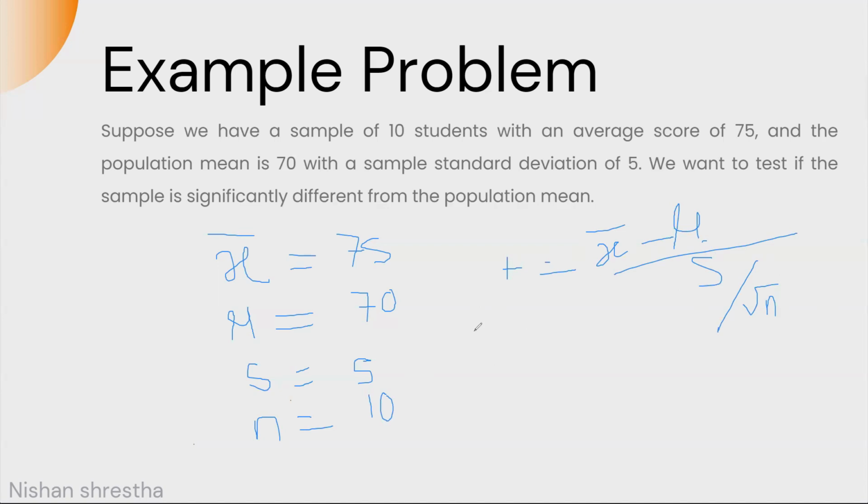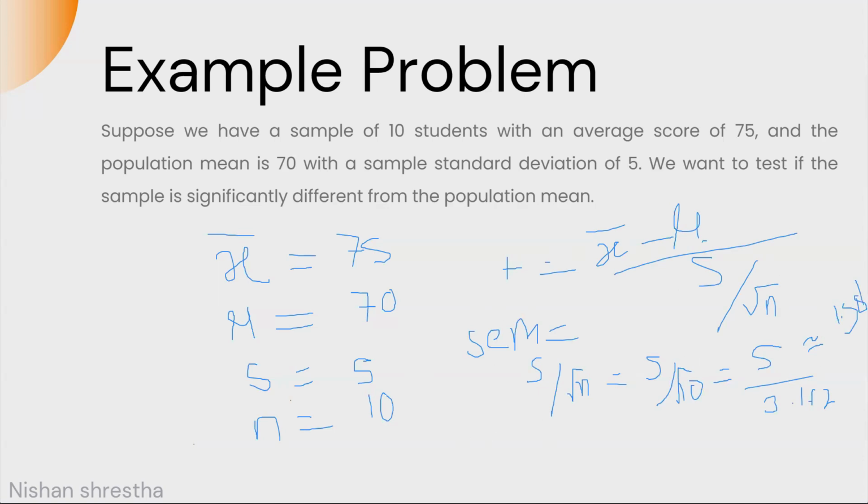So now SEM is equal to s by root n. This equals 5 by root 10. This gives us 5 by 3.162, which is equal to 1.581.